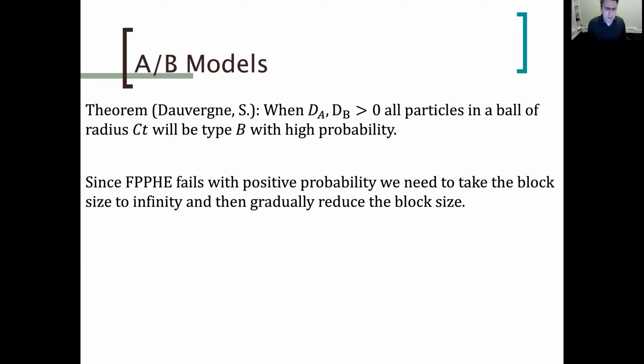The first passage percolation in a hostile environment fails with a positive probability, but we show that if we take the block size big enough, then we can make that probability arbitrarily small. But that in turn reduces the speed of the process. So we have some kind of system where we start off with big blocks and then gradually work down to smaller blocks.